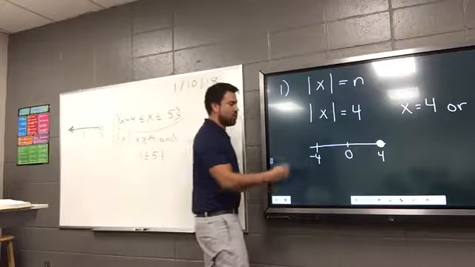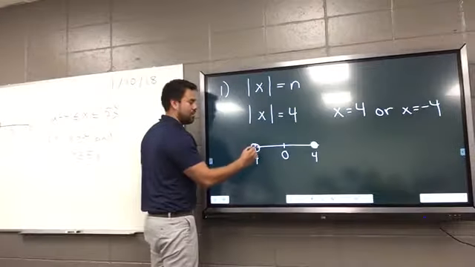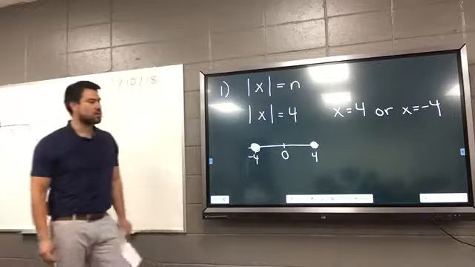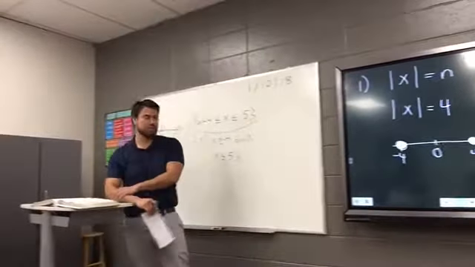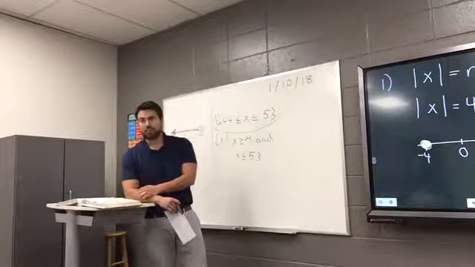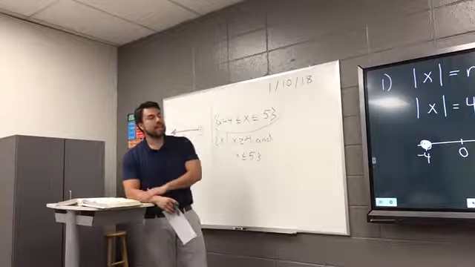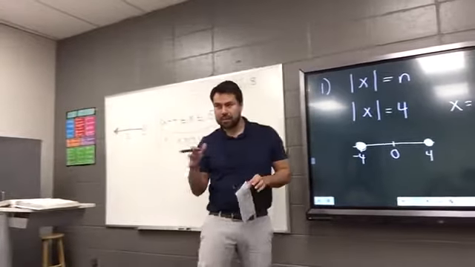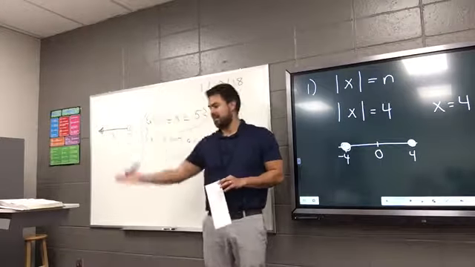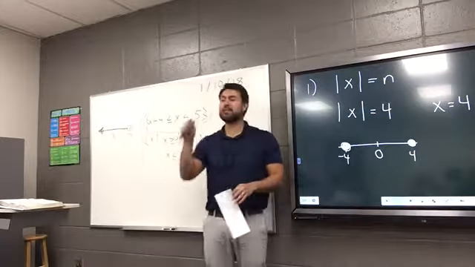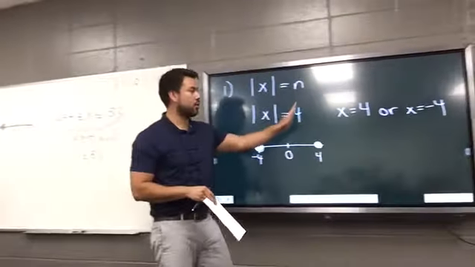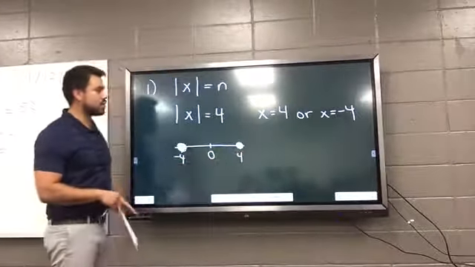What kind of circle should go on negative 4? Yeah, we'll close it up. X also equals, or could equal, I should say, negative 4. When I say x equals 4 or x equals negative 4, what does that or again mean? It could be either or. Does it have to be both at the same time? No. So this right here is a simple illustration that we're using.